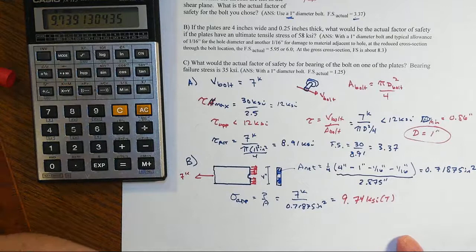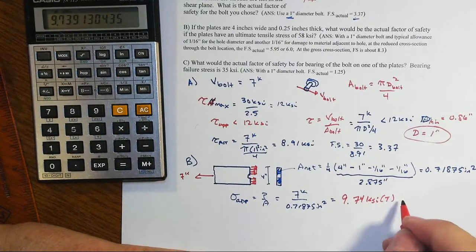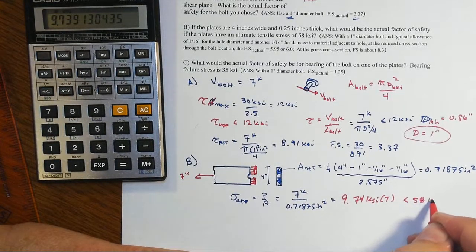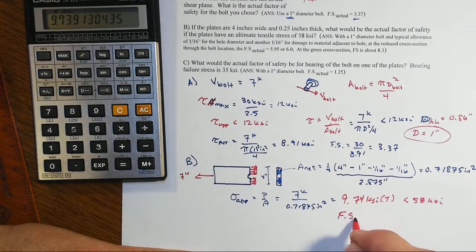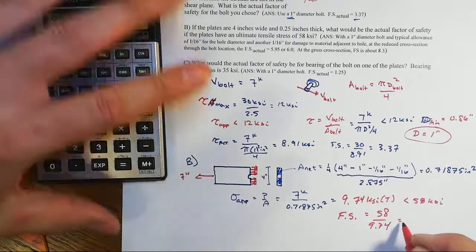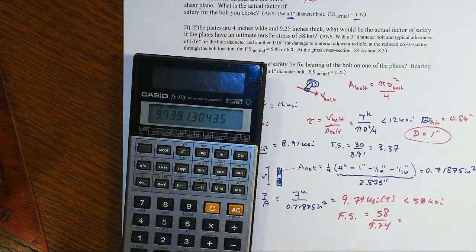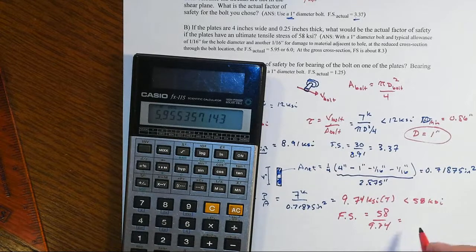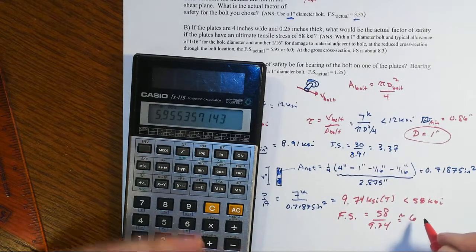That's much less than the criterion of 58 ksi, so that's good. Our factor of safety then is going to be 58 over that 9.74, and we find out that that is about 5.95, or about 6.